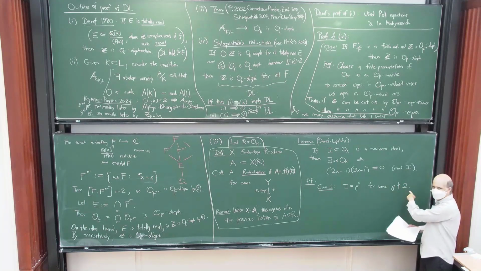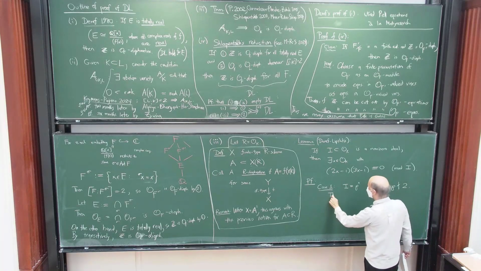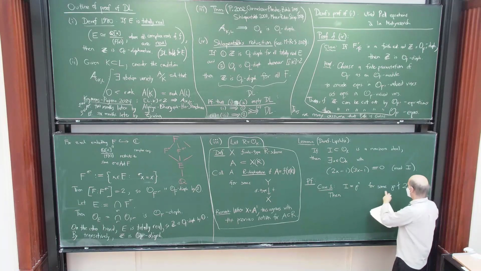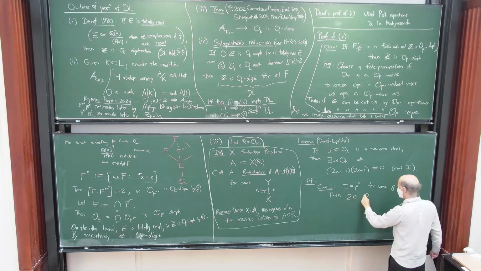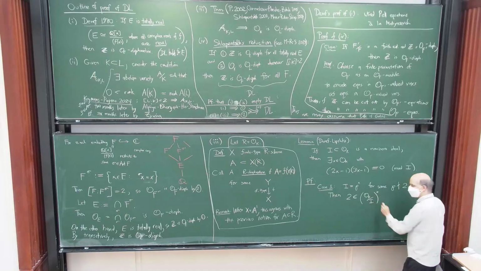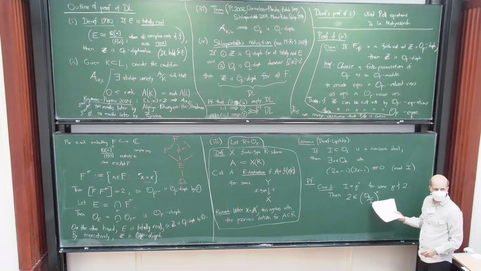It's not a prime divisor of 2. So how do you solve this equation? If the prime doesn't divide 2, the image of 2 in this residue ring is going to be a unit, and so it has an inverse modulo I.